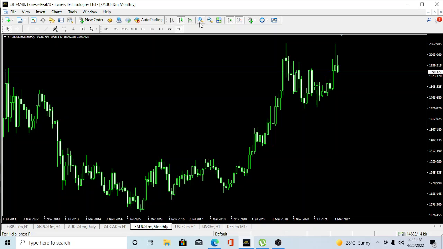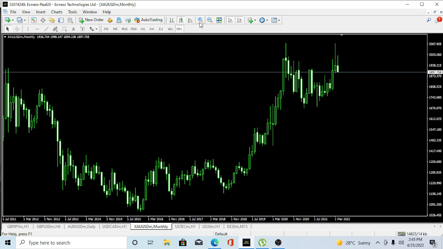The analysis is just going to be very quick, and let's start on the monthly time frame, where we are going to be focusing mostly on trend, candlesticks, and support and resistance. We're not going to be looking at a lot of stuff here on the monthly, just to show you guys how the price of gold has been moving over the past few months.